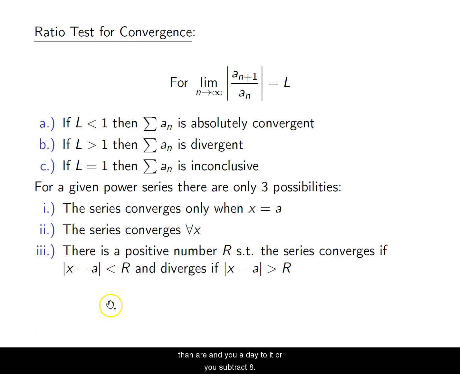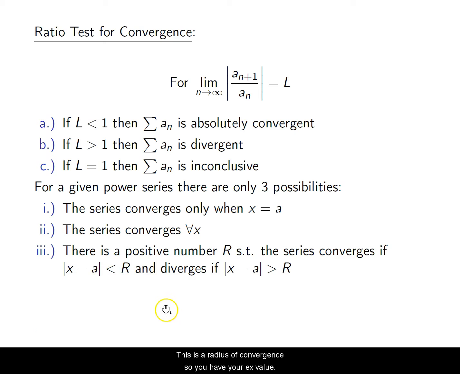Okay, so if you take your value x and you add a to it or you subtract a from it, you are within a distance of r for either of those cases. Okay, and you diverge if you are outside of that radius.